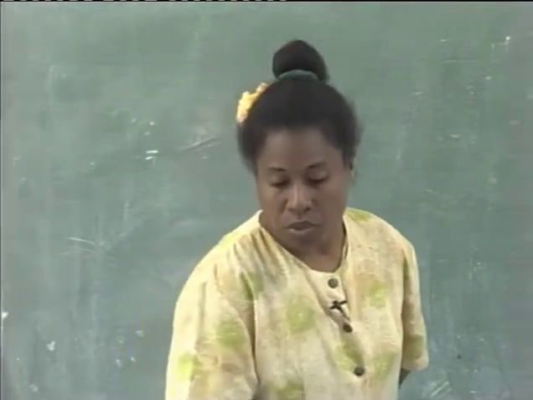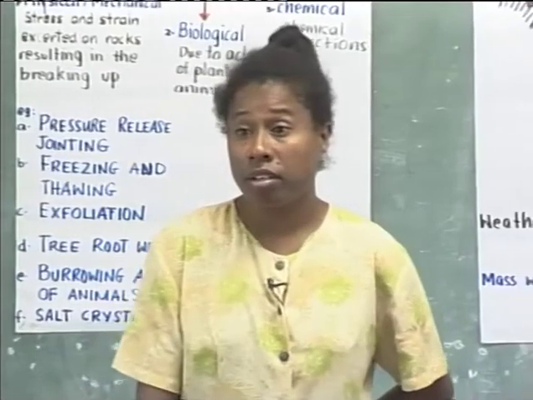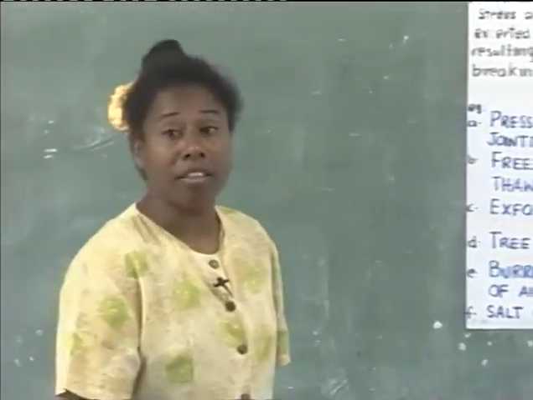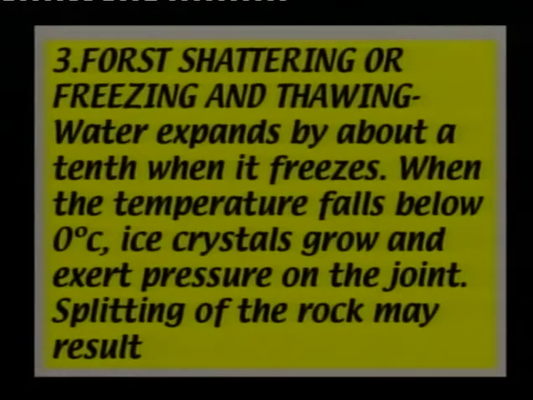Okay, now we move on to what I'd like us to look at for today, and that's the completion of the work on mechanical or physical weathering. And this time we look at the third example, and that is frost shattering, or freezing and thawing. We know that water expands by about a tenth when it freezes.